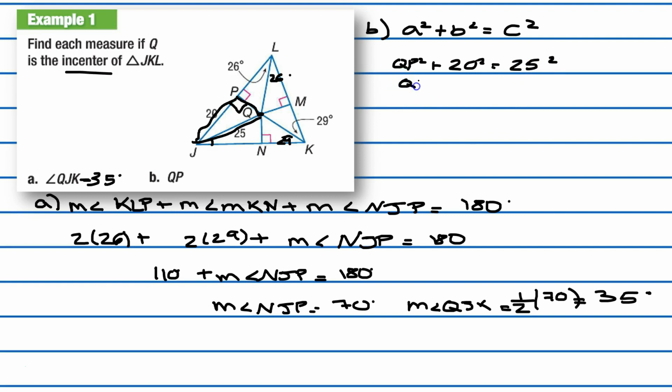So then we're going to get QP squared plus 400 is equal to 625. I'm going to subtract the 400 from both sides, and you get that QP squared is equal to 225. Get rid of that squared, square root both sides. Then we find out that QP is equal to 15. And that's it. There we go. Not 15 degrees, just 15.